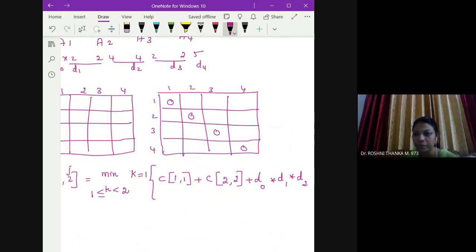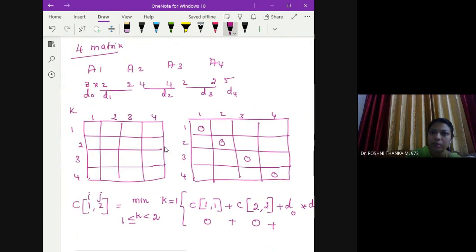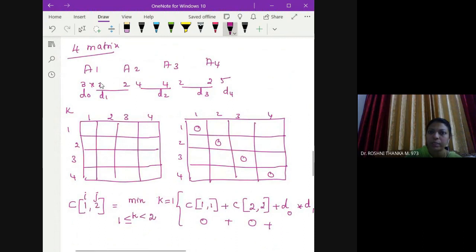Now let us calculate. Cost of multiplying 1 and 1 matrix: what is the cost? 0. And the cost of multiplying 2 and 2 matrix, that is 0, plus. Then we have to find what is d0. Here you can see the dimension d0 is 3.